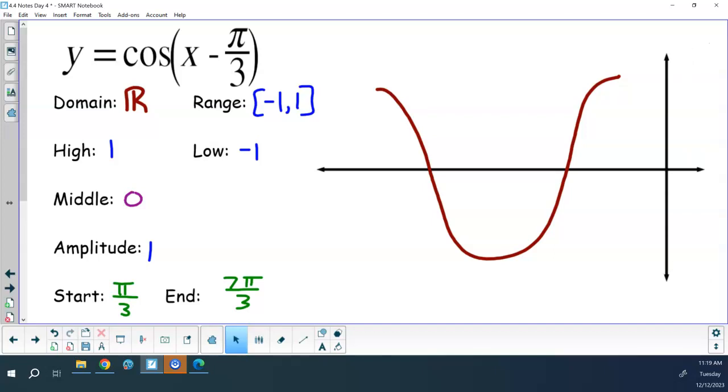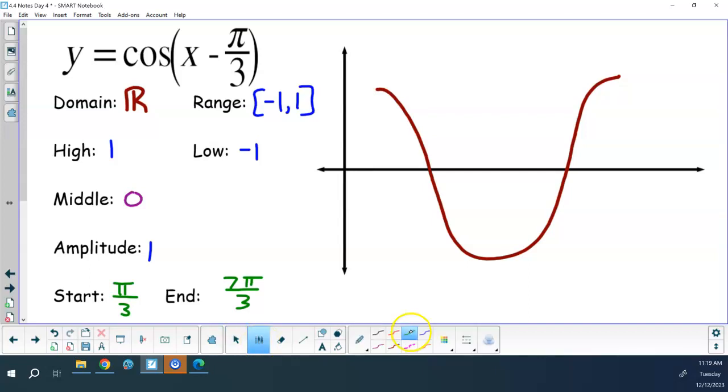But now I can't put my vertical axes here because I actually started at pi over 3. I end at 7 pi over 3.